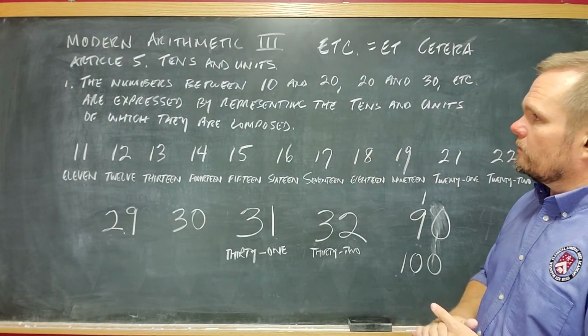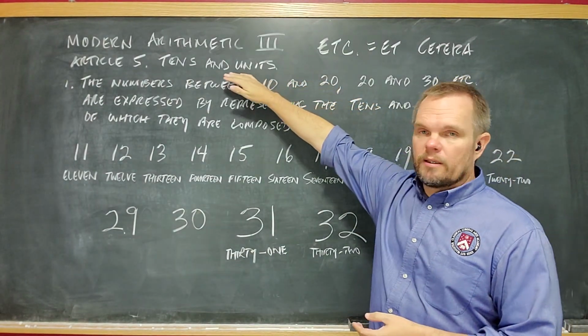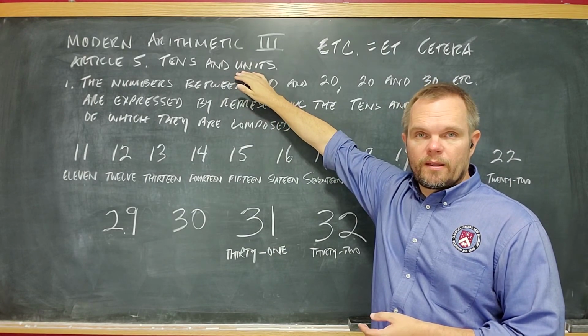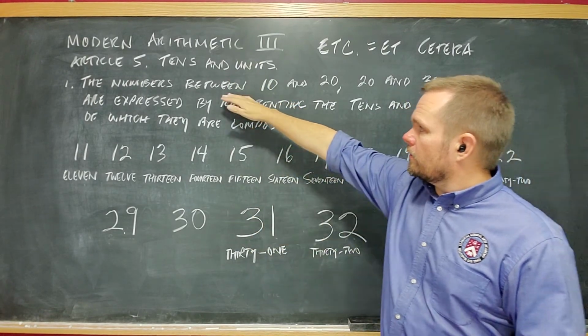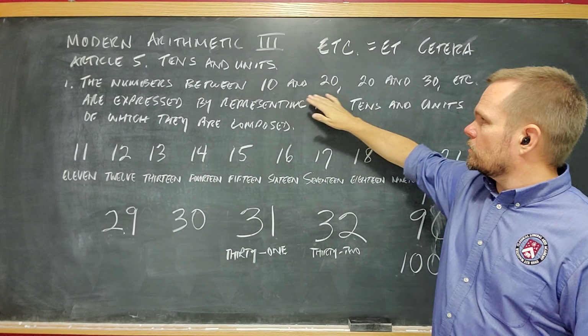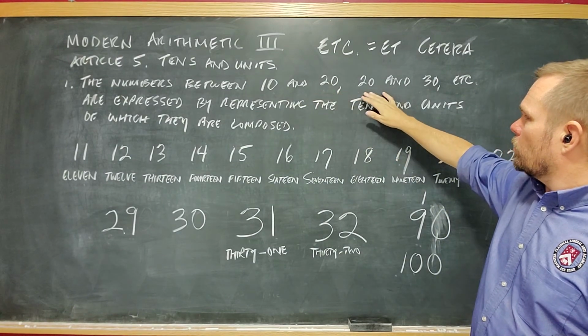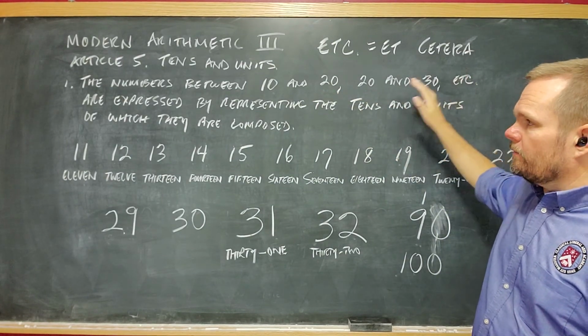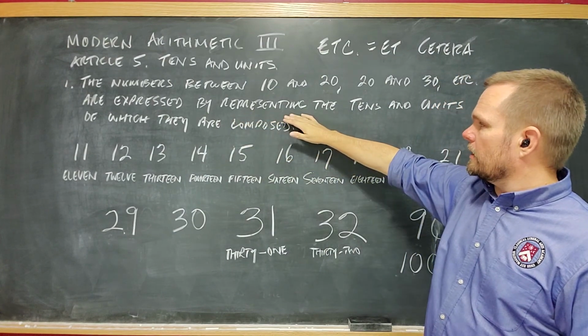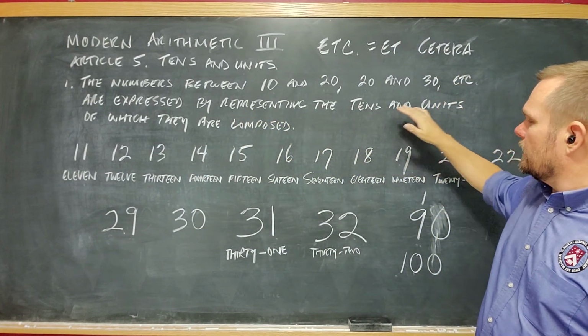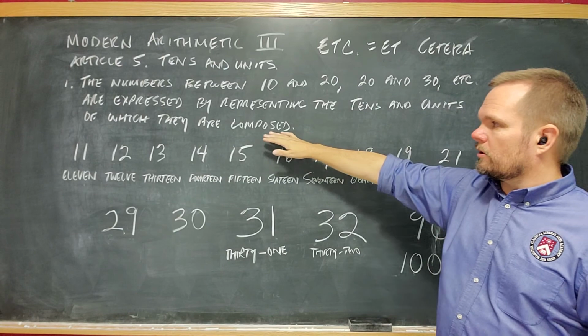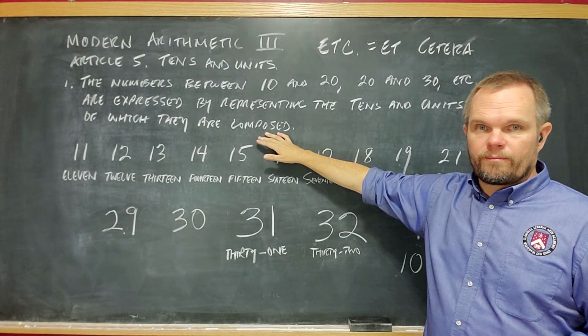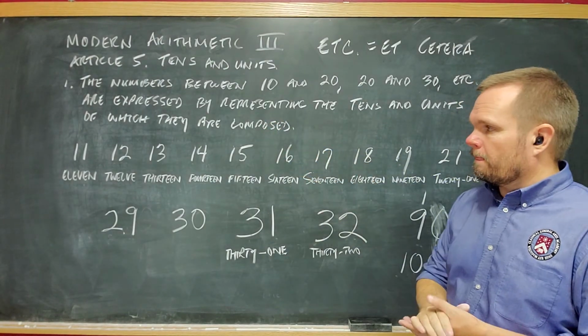So just to quickly review, in Article 5, we studied tens and units, and we learned that numbers between 10 and 20, between 20 and 30, and etc., are expressed by representing the tens and units of which they are composed. That should make sense now.